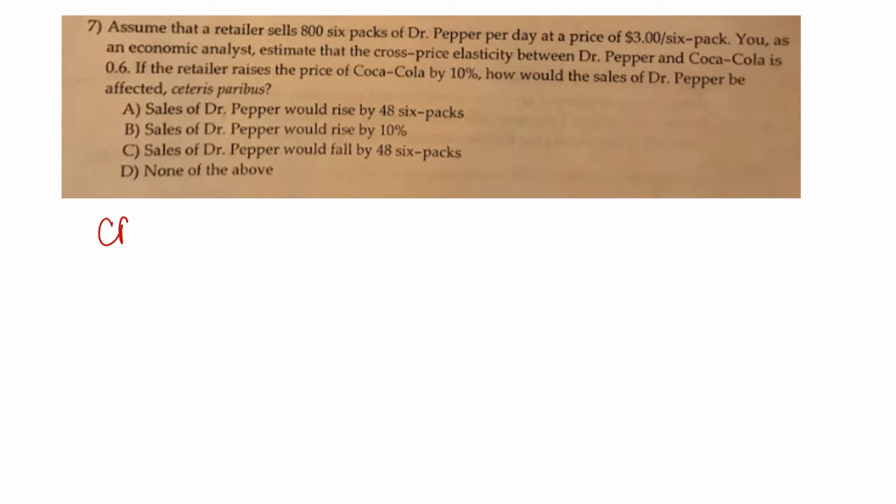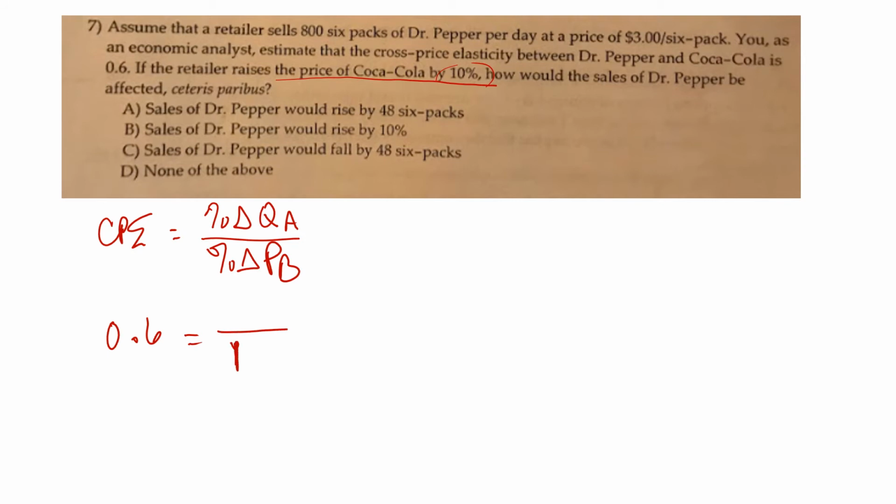So we have cross-price elasticity equals percent change in quantity A divided by percent change in price B. 0.6 is the cross-price elasticity. The retailer raises the price of Coca-Cola by 10%. How would the sales of Dr Pepper be affected? So they raise them by 10%.